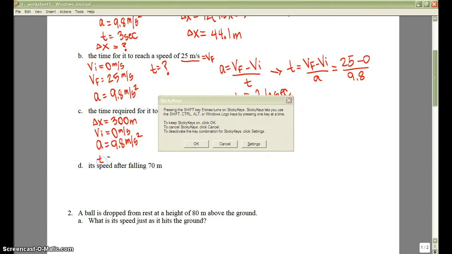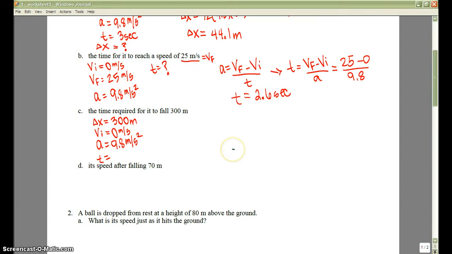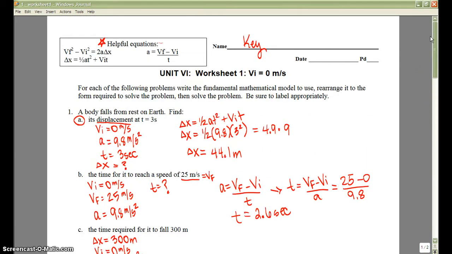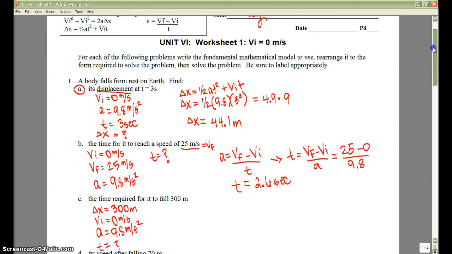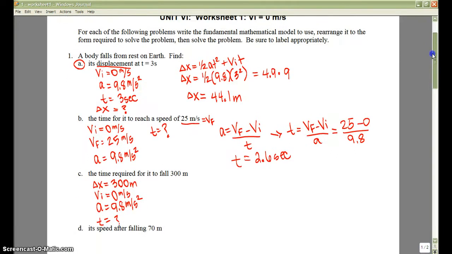And we want to solve again for our time. Alright. For this one, if we go up and look at our helpful equations, there is one that has all of those variables in it, including time.